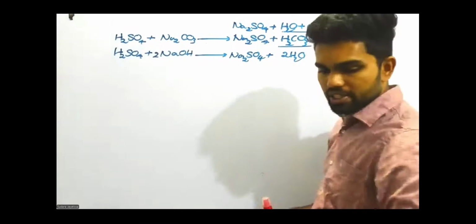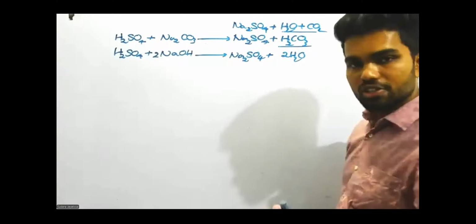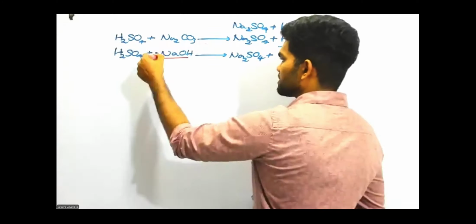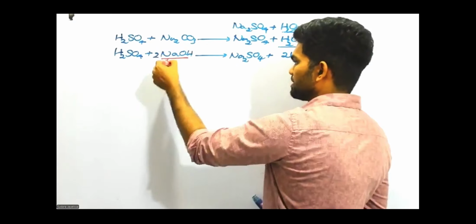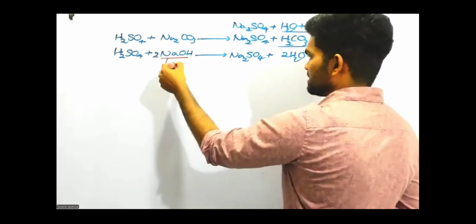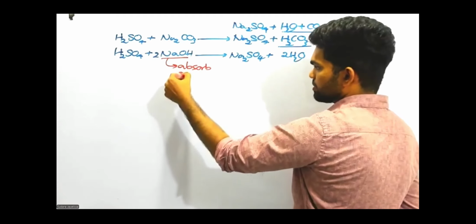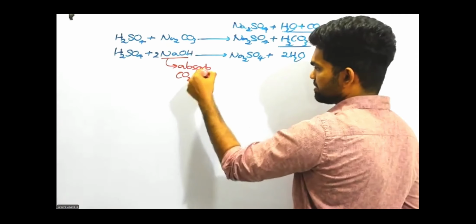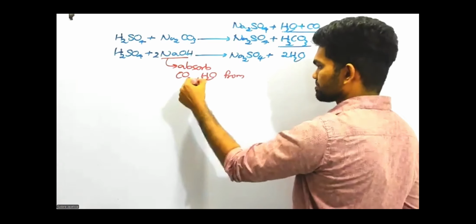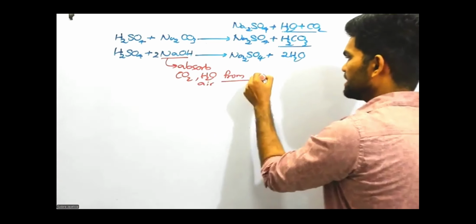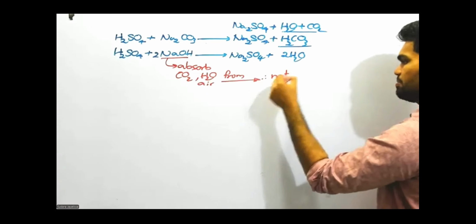But using sodium hydroxide is not suitable. Why? Because this is not a primary standard. The reasons are it absorbs CO2 and water vapor from air. Therefore, it is not typically pure.